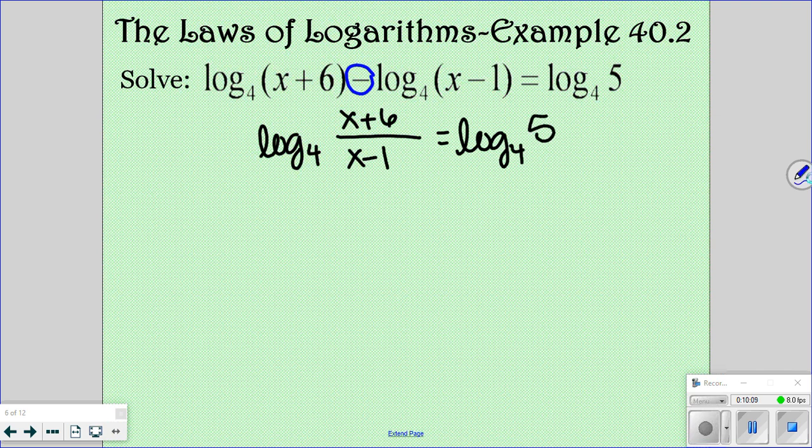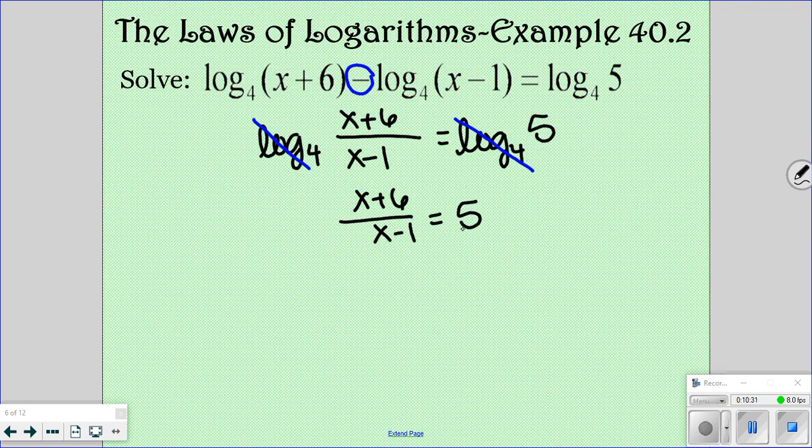And then from there, the log base 4s can cancel on both sides because we have one log on each side. You can't cancel them up here because you can only do it when you have one log equal to another log. And so x plus 6 over x minus 1 equals 5.